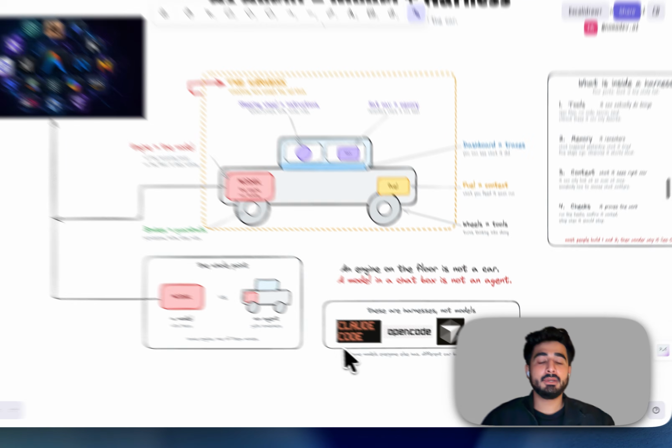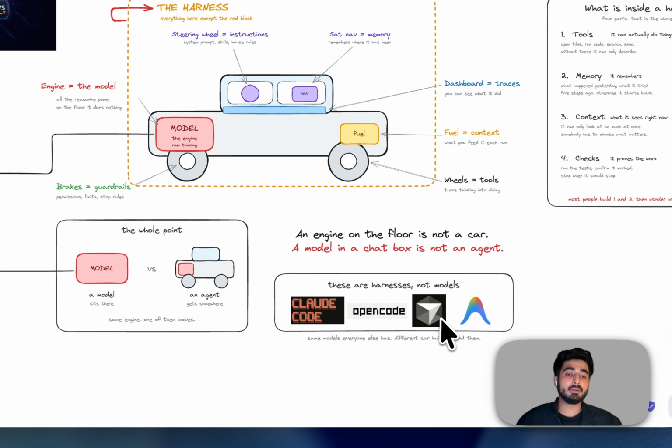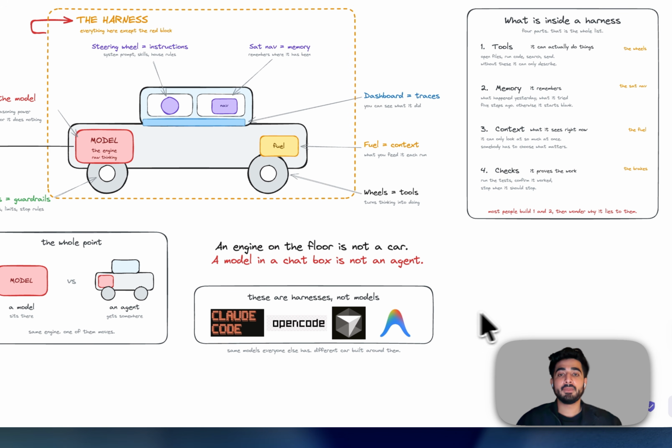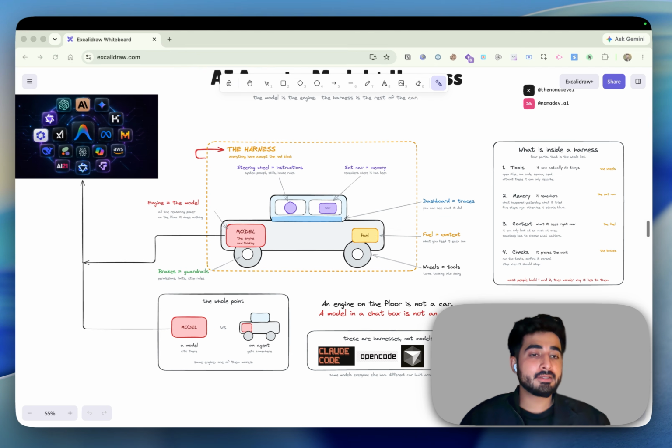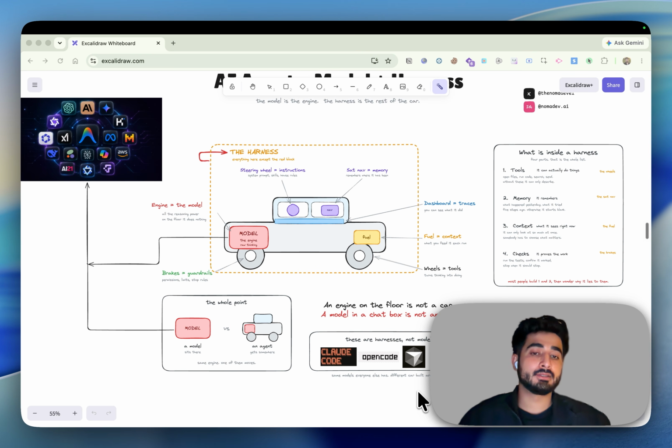And if you look at these products, Claude Code, Open Code, Cursor, Antigravity, you can see most of the models that we use in these platforms might not be proprietary to them, right? Cursor serves models across different companies: Anthropic models you can use on Cursor, your Kimi models you can use in Cursor.